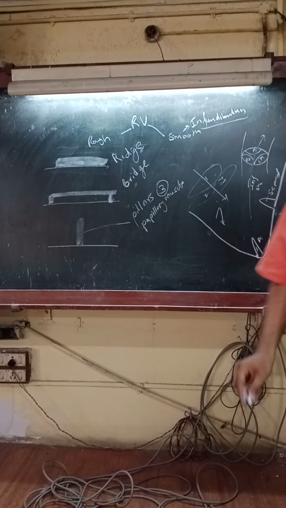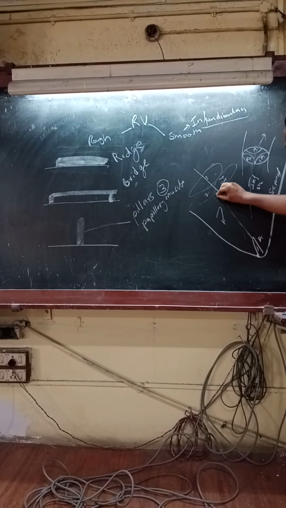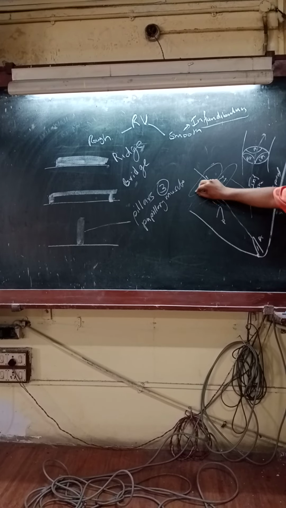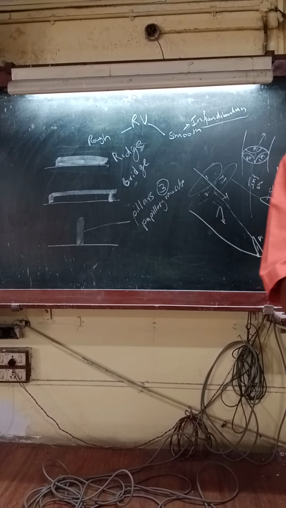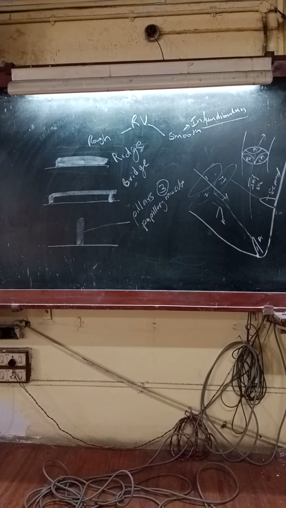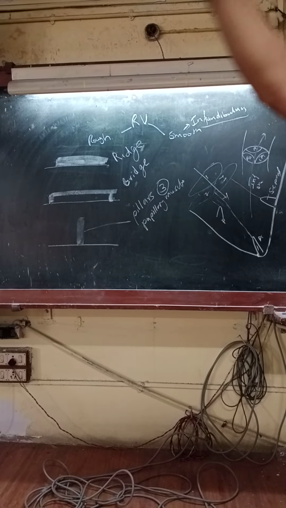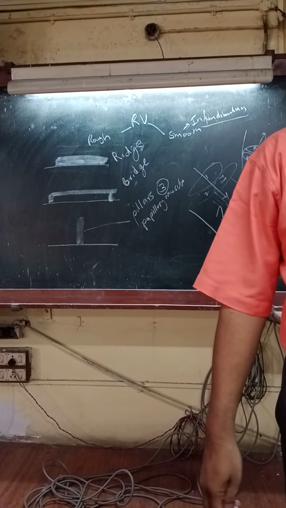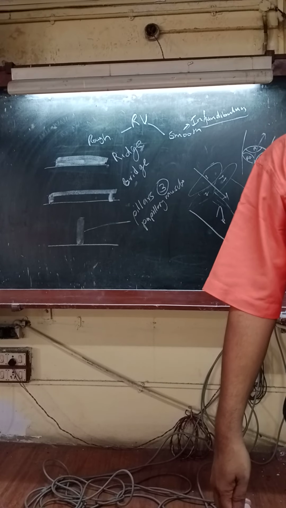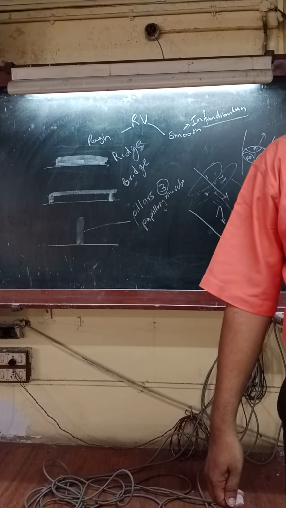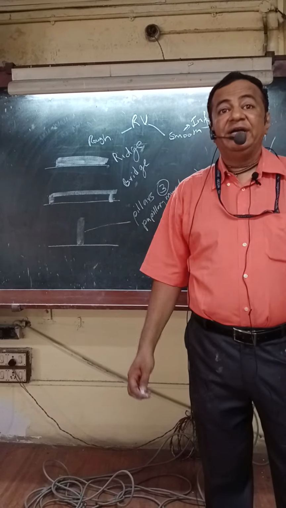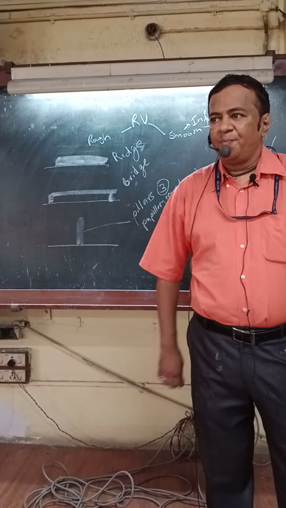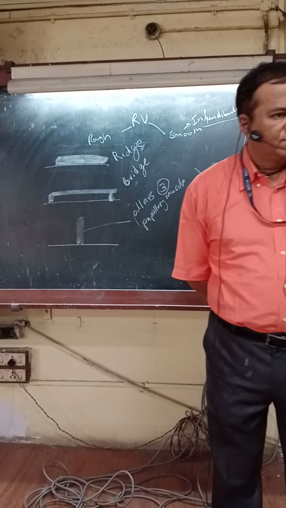To prevent that, from each papillary muscle there are chordae tendineae. Chordae tendineae are thin strands which connect the papillary muscle to the cusps of the tricuspid valve. Even in the left ventricle, there are two papillary muscles and chordae tendineae connected to the mitral or bicuspid valve. Is it clear?